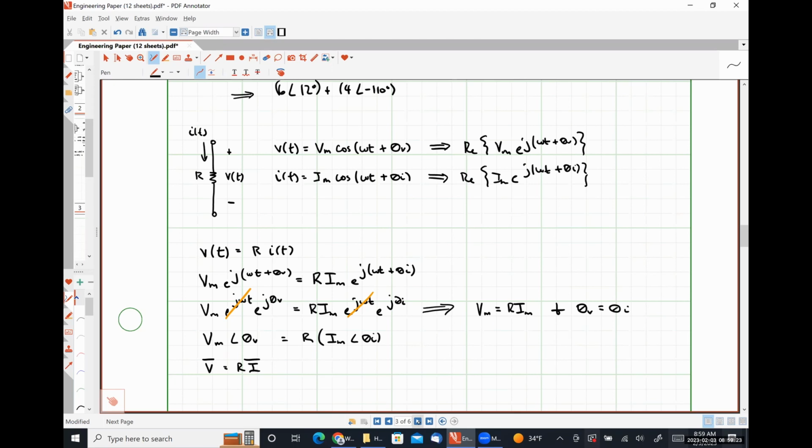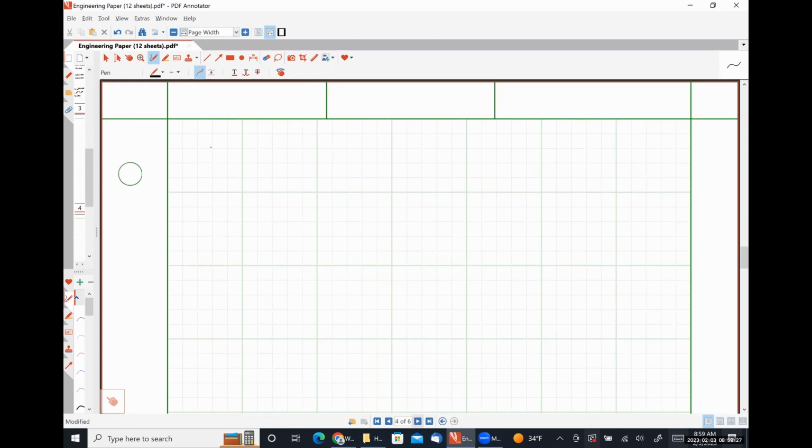Now, let's look at inductors. So let's say that I have some inductance L, over which a voltage drop V, let's just call it V, occurs, and a current I flows through it.